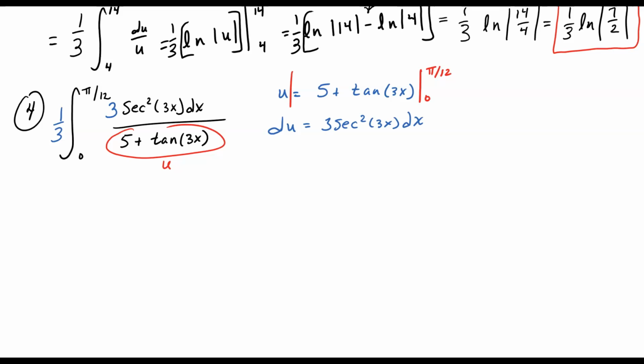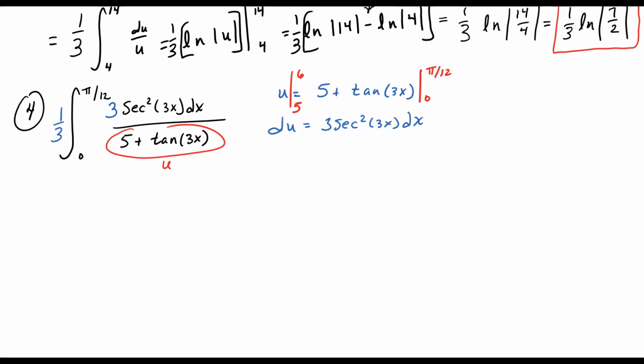The tangent of 0 is just 0, so this is going to be 5 plus 0, which is 5. Now we find the tangent of 3 times pi over 12. 3 times pi over 12 reduces to pi over 4. The tangent of pi over 4 is a very famous value. It's just 1, because that's where you have square root of 2 over 2 and square root of 2 over 2. It's the 45-degree mark, or pi over 4 radians. So that becomes 1, and 5 plus 1 is 6. This makes this really nice now.